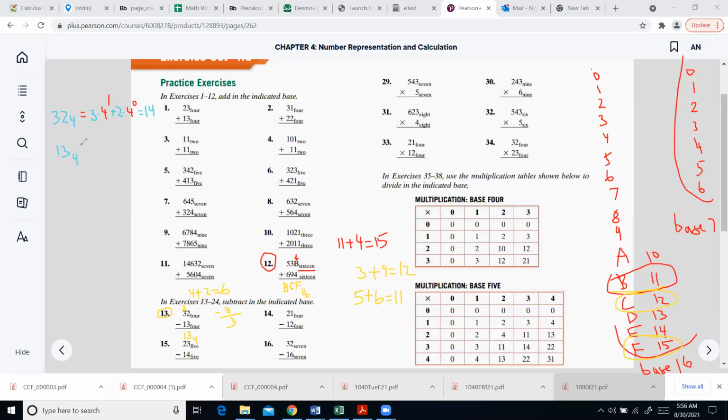And 1, 3 will again tell us that we have 1 first power of 4 and 3 zero powers. So this will be 4 and 3, which is 7.